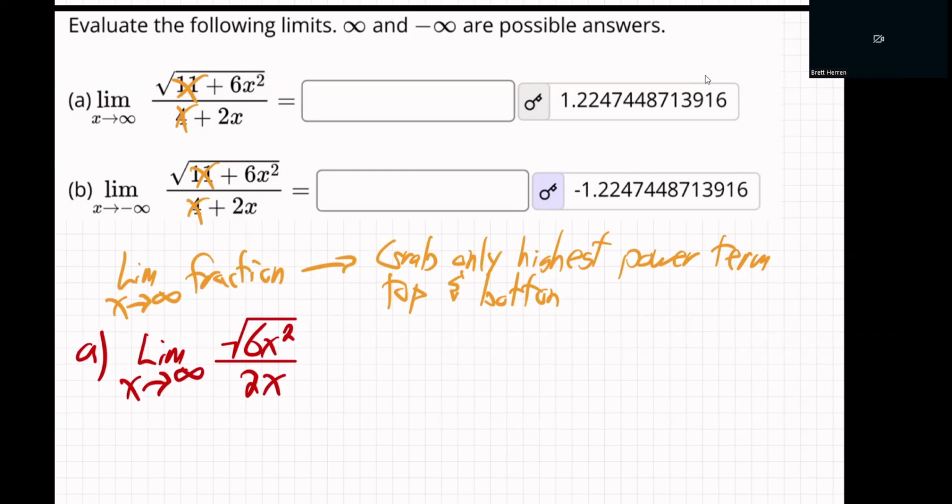Okay, now what's that? Well, let me separate the 6 and separate the x. You don't have to, but I think that'll make it more clear. I just want to show you something.